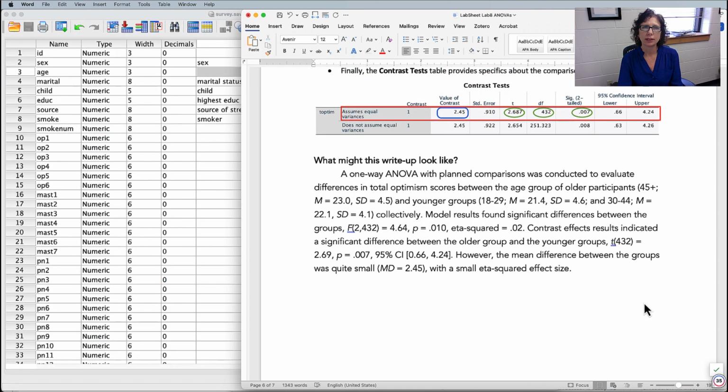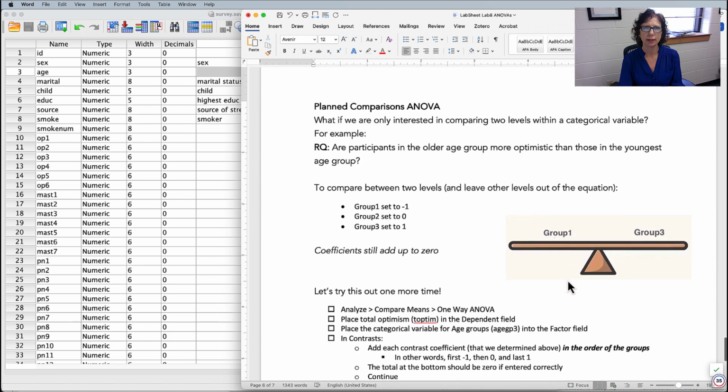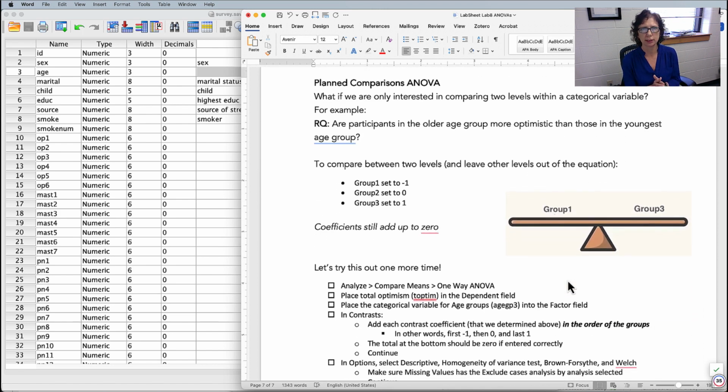Okay, so let's try one more here. What if we were only interested in comparing two levels in a categorical variable? So let's say you have a categorical variable with many levels, but you're really only interested in comparing two of those levels. So, for example, are participants in the older age group more optimistic than those in the youngest age group?